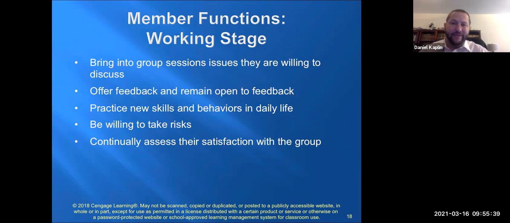And if they're receiving feedback, they should be committed to open-mindedness to whatever feedback they're given. They should be willing to take risks. They should be willing to practice new skills and interventions in their daily life. And they should be willing to evaluate how they're feeling with the group experience and their relative satisfaction with the group.